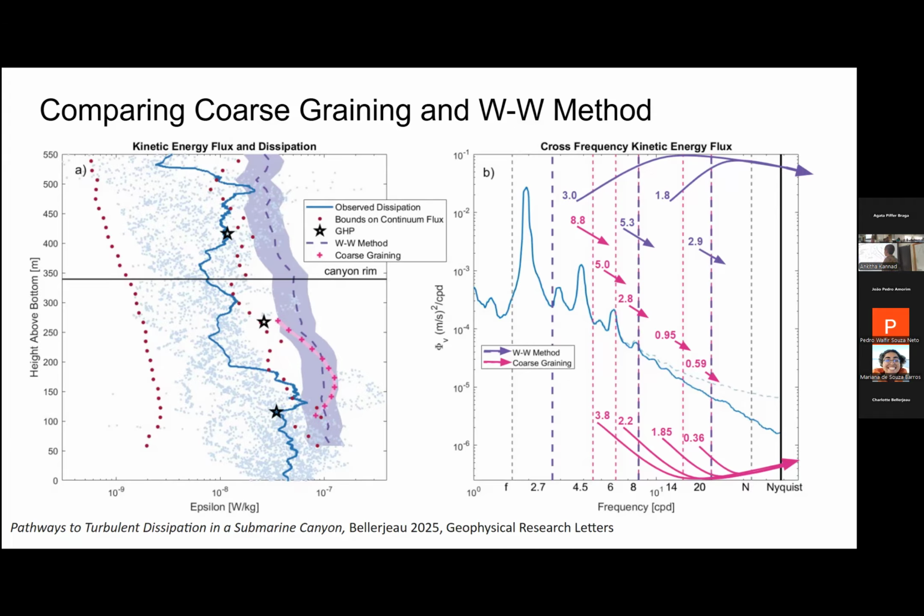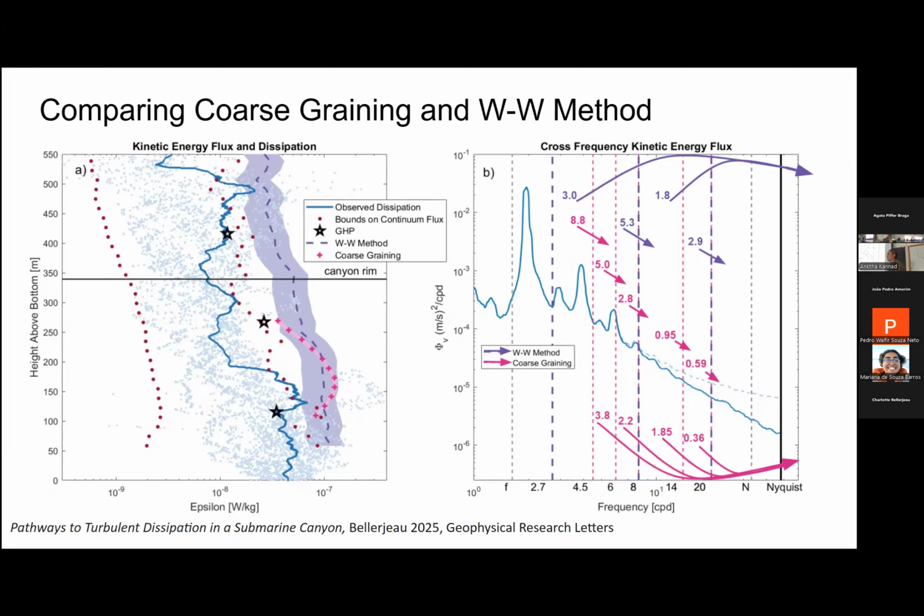And then if you compare that to its neighbor, the divergence between them must be the energy that is going directly to dissipation from within this bin. So this is basically just comparing the pathways energy is taking between coarse graining and the wave-wave method. One of the fundamental differences between those two methods is that coarse graining allows for strong nonlinearity, while the wave-wave method assumes weak nonlinearity.